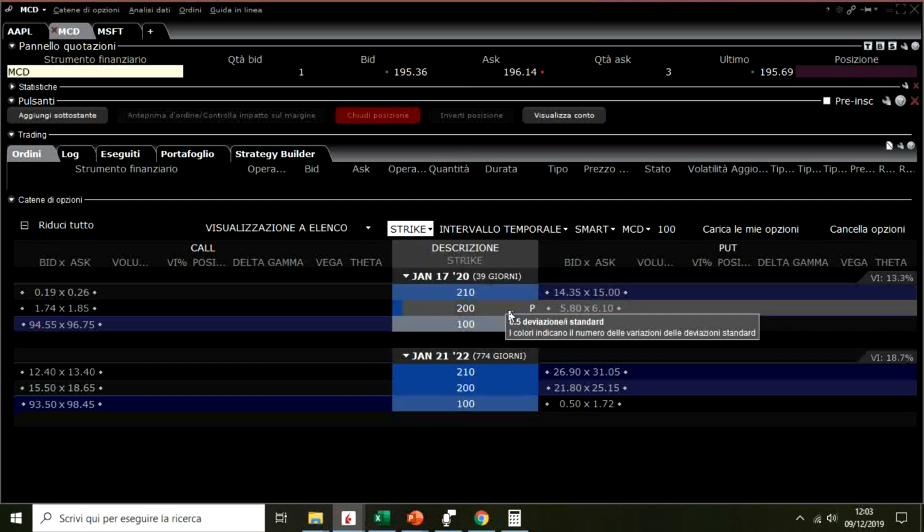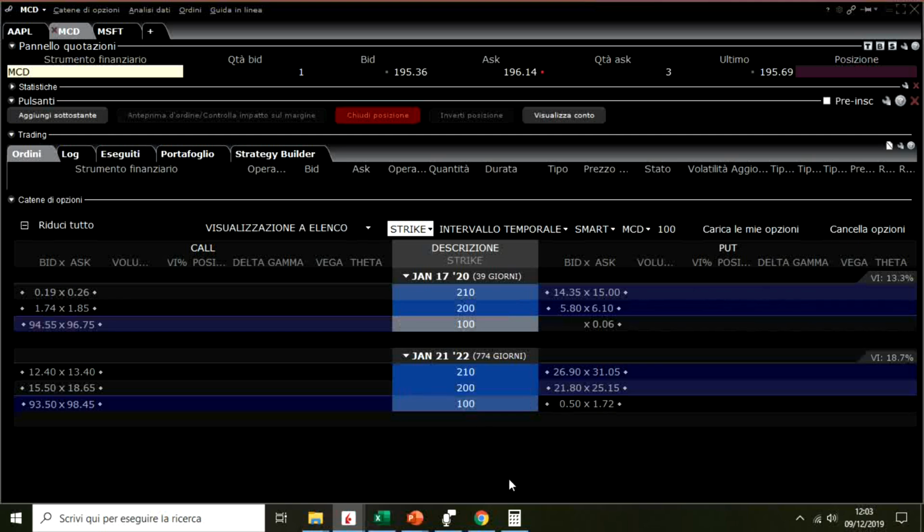So let's say that on an annual basis, you could be able to create a monthly flow of dividends of about 1.5, 1.60, 1.70% per month on a stock that you are not actually owning right now, but that you will purchase in 774 days, only if it will be convenient for you.